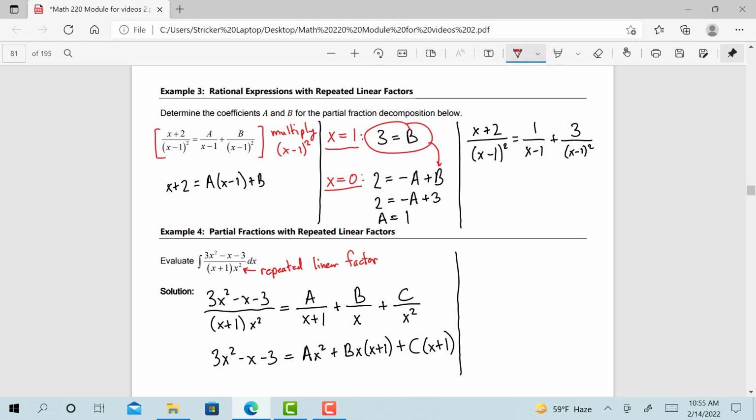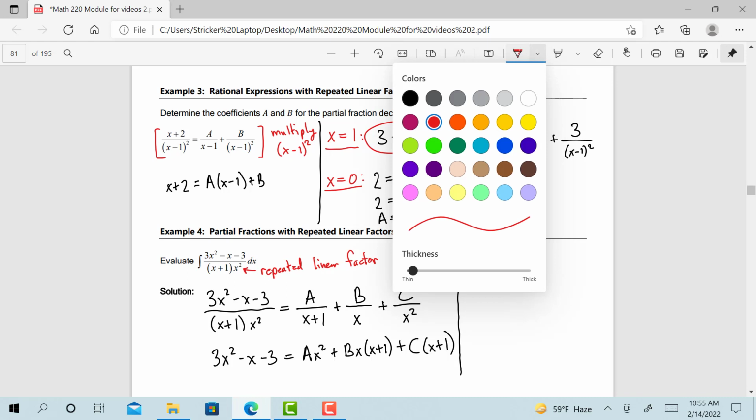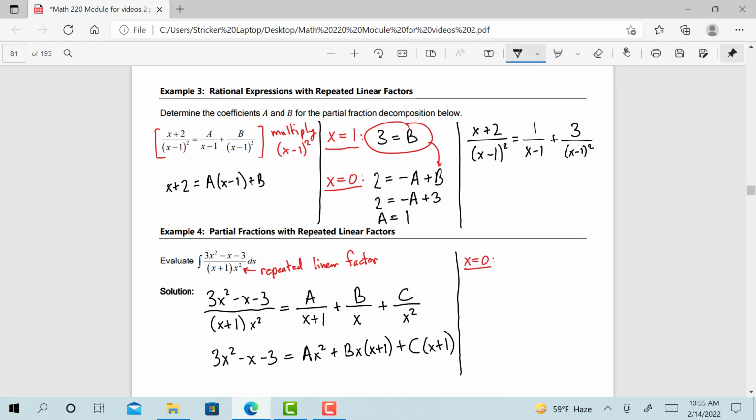And so, how about let's start with x equals 0. Starting with x equals 0, we get negative 3 on the left side. A times 0 squared, the A's go away. The B goes away, and so we're left with C times 1, which means C is equal to negative 3.